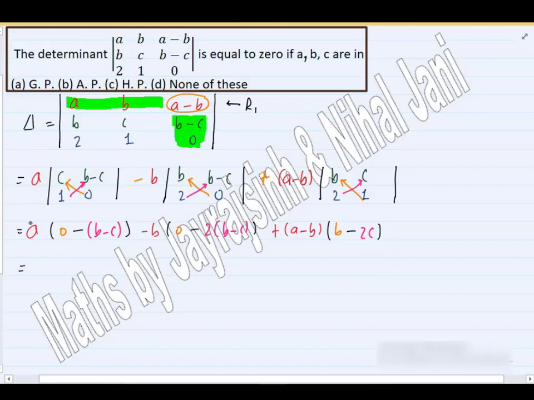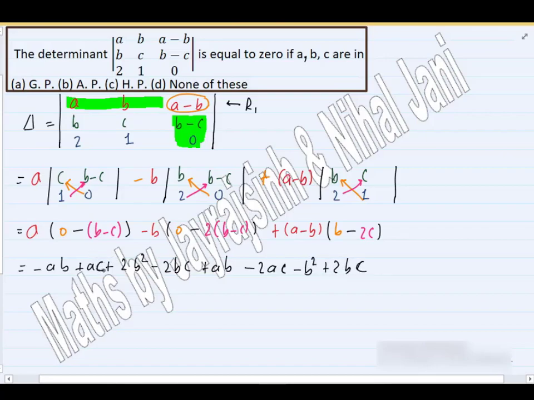Now just open all the brackets and we will get minus AB plus AC, then plus 2B square minus 2BC, and from the last term AB minus 2AC minus B square plus 2BC, right?